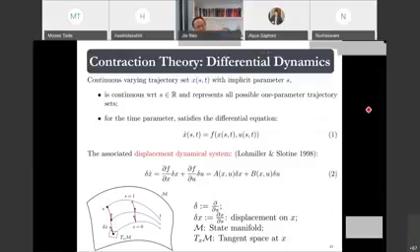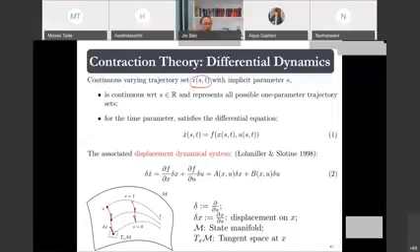The basic idea is that if I look at a process and its trajectory x of t, we have different trajectories, which are functions of time. But we can also parameterize those trajectories as x of s, t, where s is an implicit parameter.